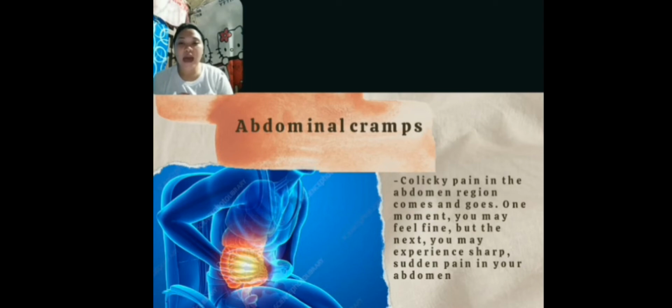Colicky pain comes in waves. It very often starts and ends suddenly and is often severe. The common causes of this type of belly pain are kidney stones and gallstones.